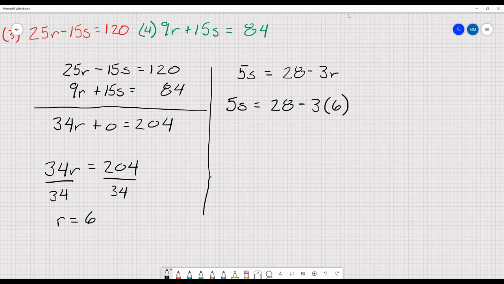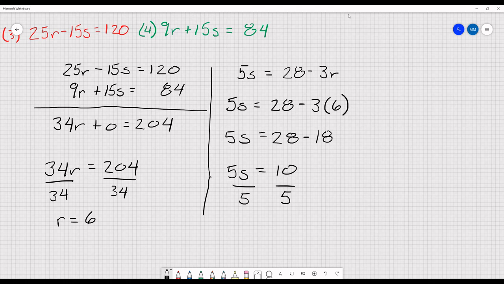I'll put in 6 for r. I'll have 28 minus 3 times 6, which is 18, is 5s. 28 minus 18 is 10. And finally, I simply divide by 5, and I get s is 2.